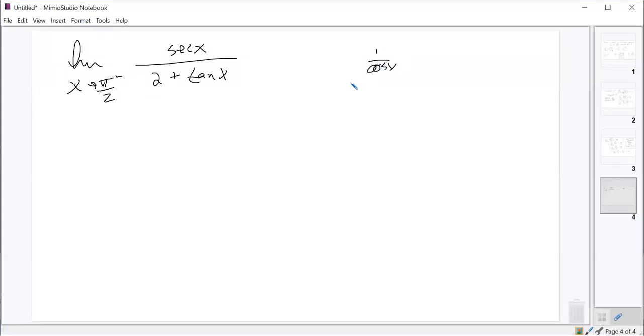Cosine of pi over 2 is 0, right? So this is 1 over going towards 0. So 1 divided by a very small number becomes a very, very large number, right? So this becomes infinity. And the same thing with this. This becomes 2 plus the sine of pi over 2, which is 1 over also 0, right? Cosine of pi over 2 is still going towards 0. So this becomes infinity over infinity. Everybody good with that?